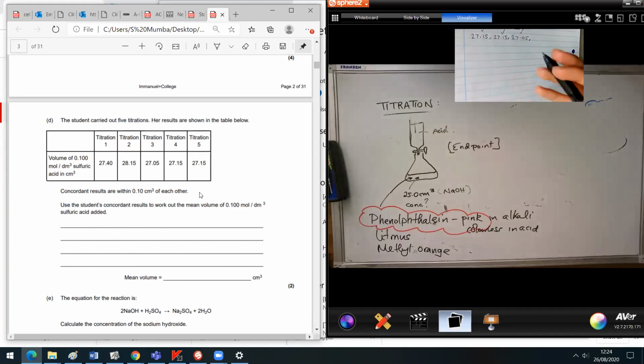And then it says to work out the mean volume of 0.1 mole of sulfuric acid used.